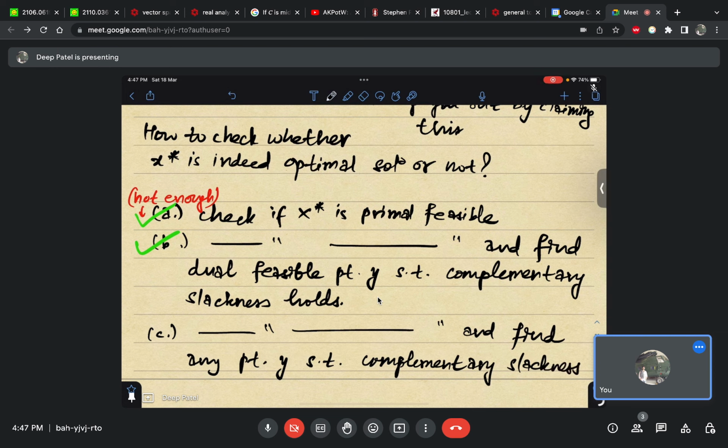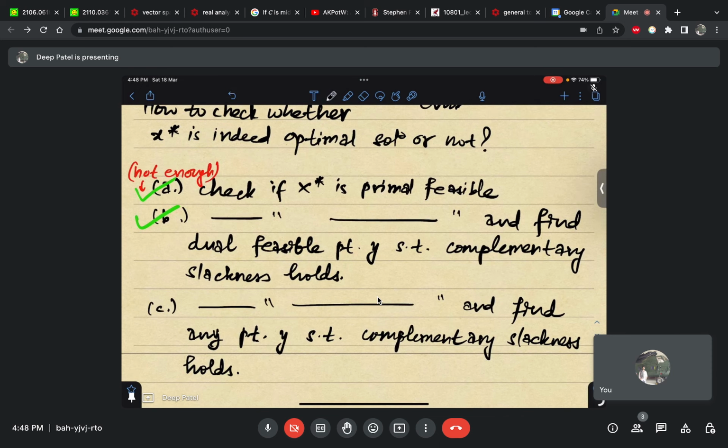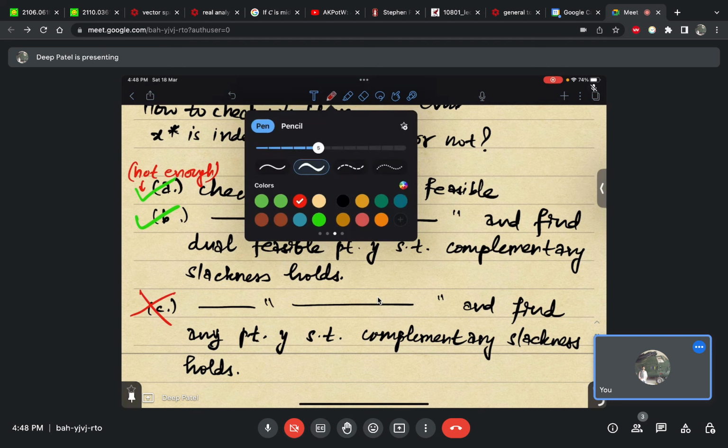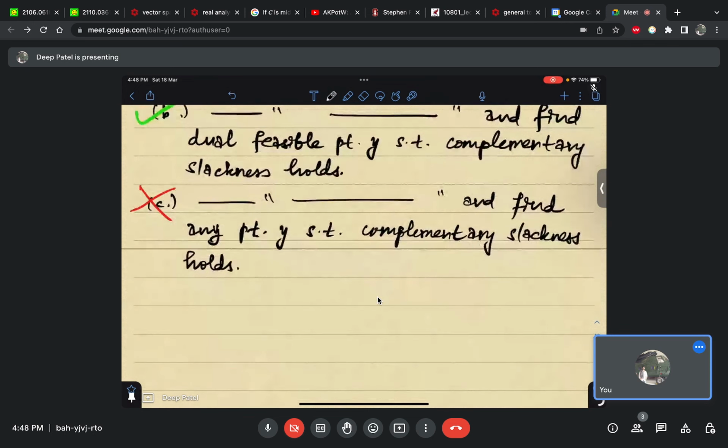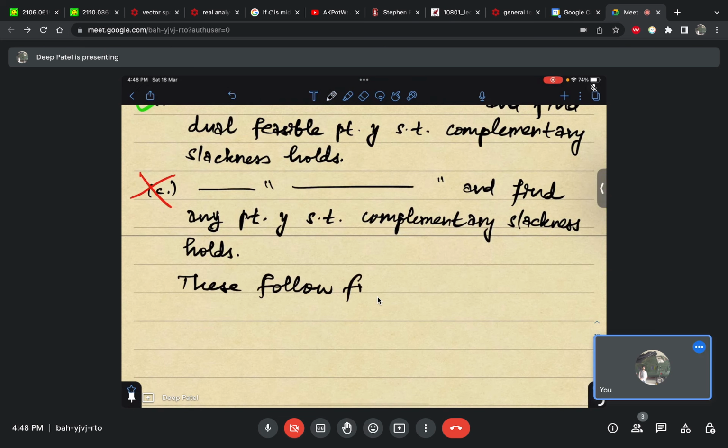This is also fine, right? Just give me a second. Check if X star is primal feasible and find any point Y such that complementary slackness holds. But then Y star has to be dual feasible, right? Yeah, exactly. The whole point is not just to satisfy complementary slackness, it still has to satisfy the feasibility criterion. So these follow from the complementary slackness theorem.